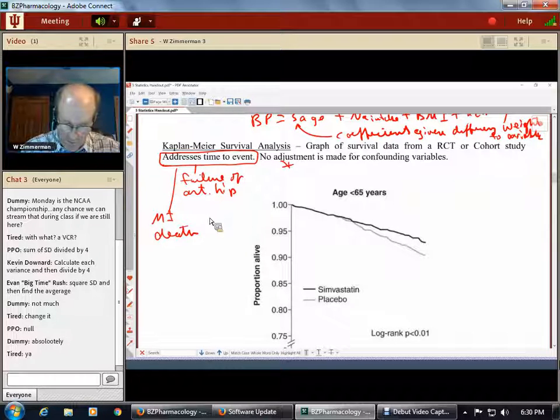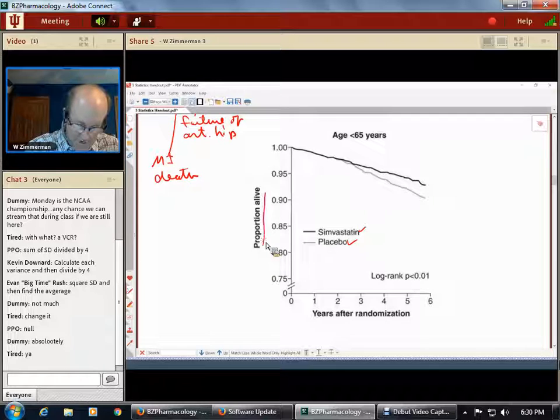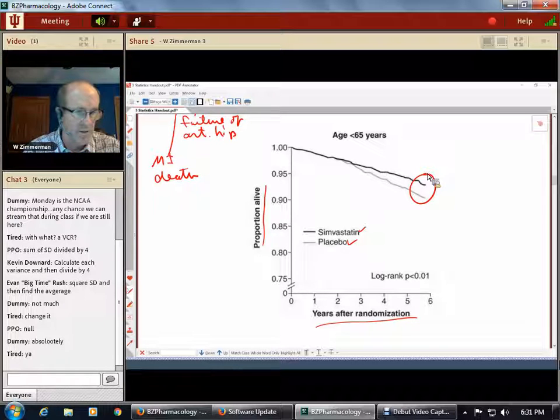The example given here is taken right out of the package insert for simvastatin. So we're looking at simvastatin versus placebo. And what we see, proportion alive on the y-axis, years after randomization, here's our difference between placebo and treatment.